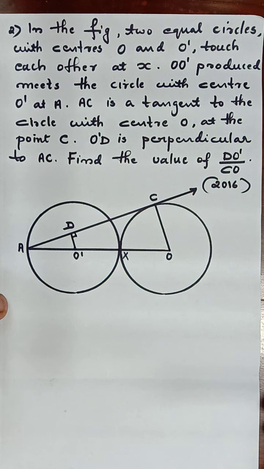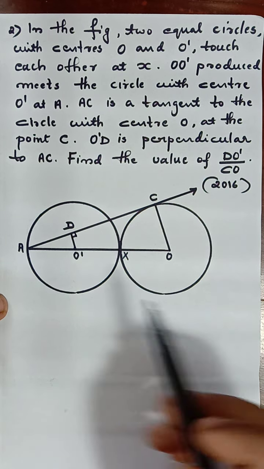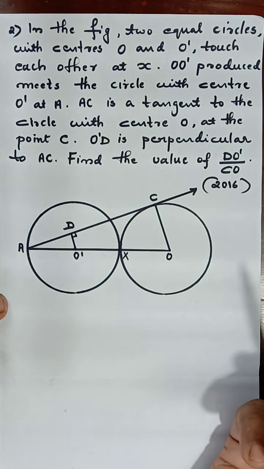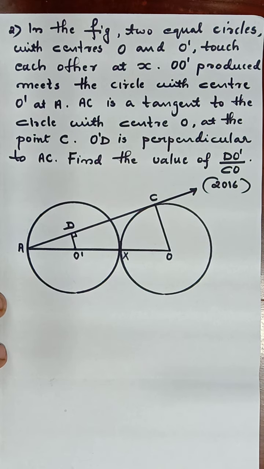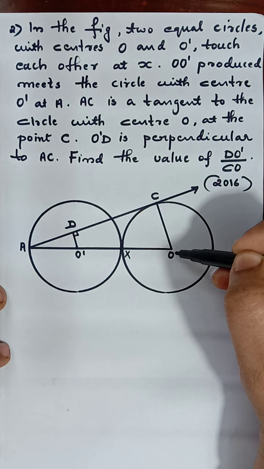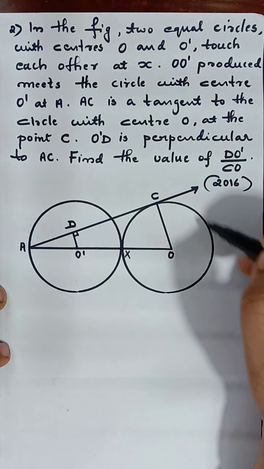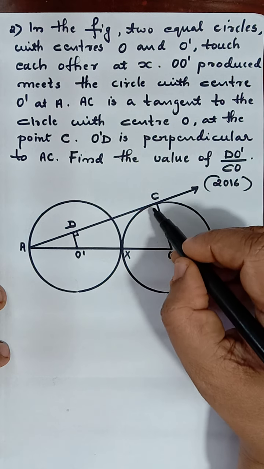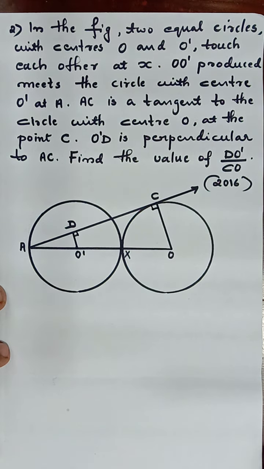Find the value of DO dash by CO. Here from the figure it is very clear. This CO is the radius of the circle with the center O. Is this radius perpendicular to the tangent?